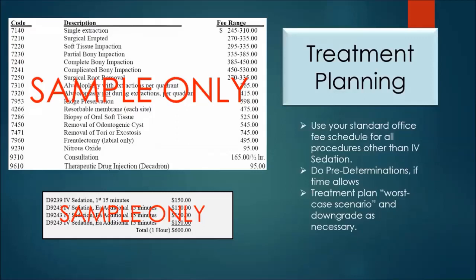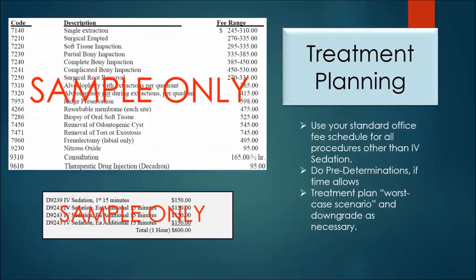So if it's a surgical erupted or a complete bony, he will be able to provide you with those codes, preferably within enough time to be able to do a predetermination, but if not, you'll be able to verify insurance benefits over the phone at the code level.